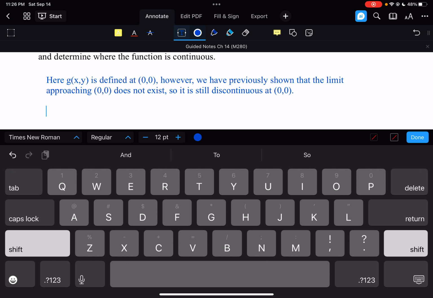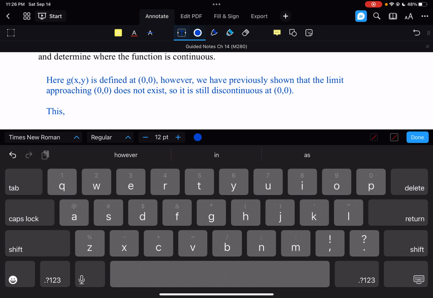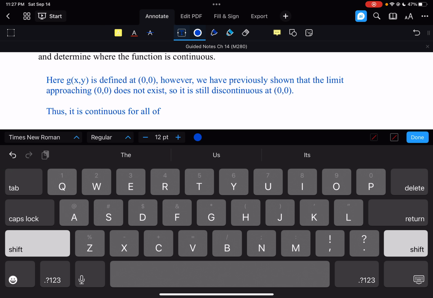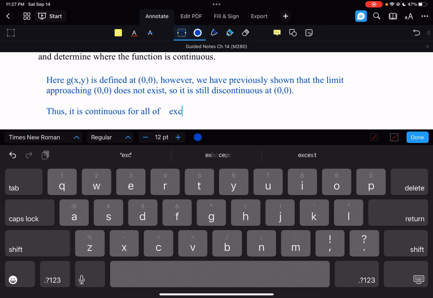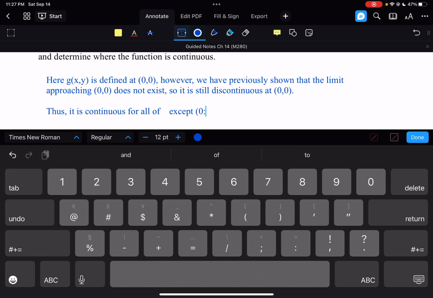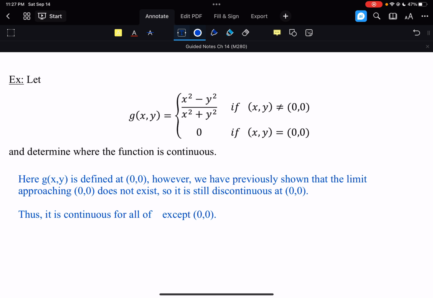So we can conclude thus it is continuous because it's still a rational function everywhere else. So it's continuous for all of R2 except (0, 0). So again, that's all of R2 except (0, 0).